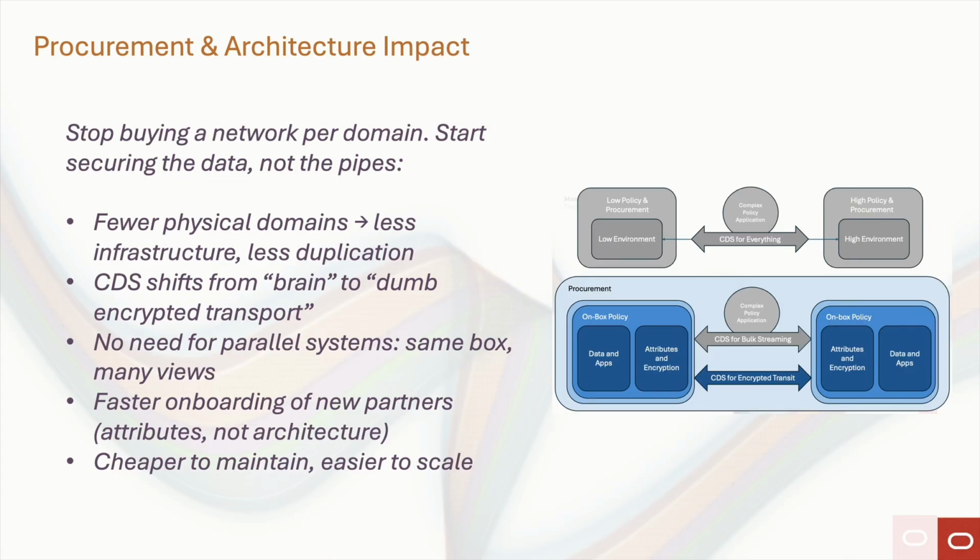A cross-domain solution shifts from being an overworked brain to almost a dumb encrypted transport box. There's no need for parallel systems. Same box, loads of different views, so you get reusable kit out of this as well. Faster onboarding for new partners because you're dealing with attributes, not architecture. And it's cheaper to maintain and easier to scale.